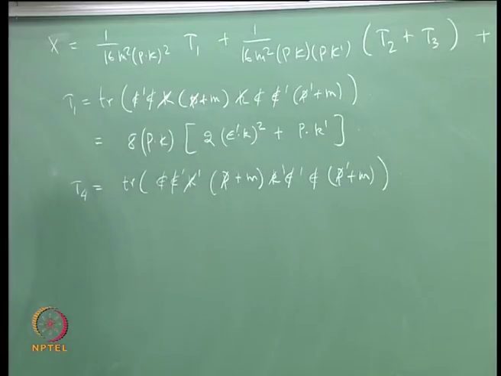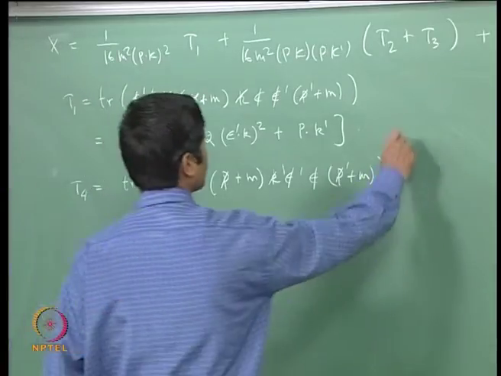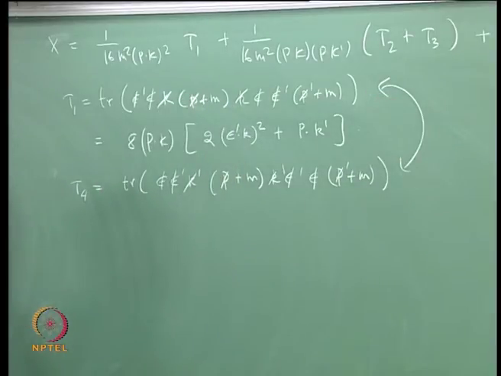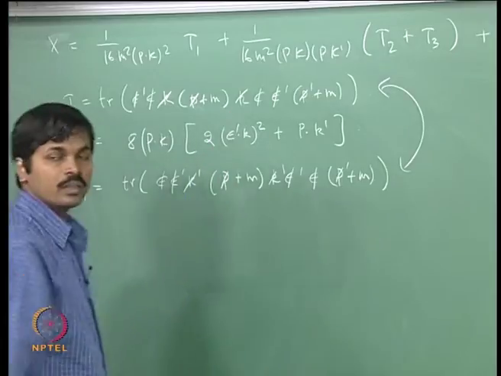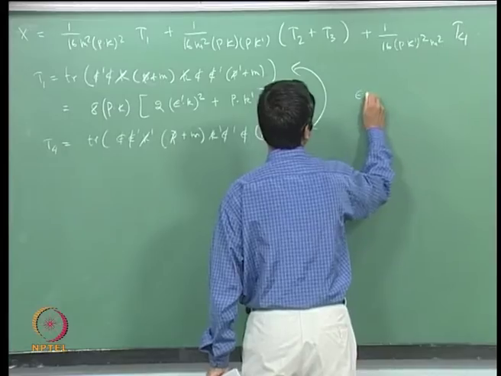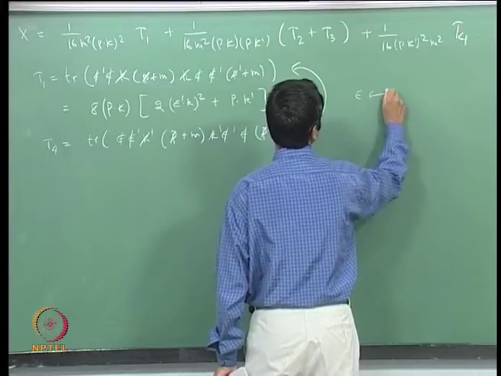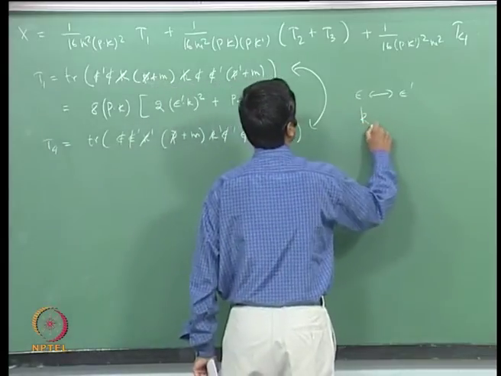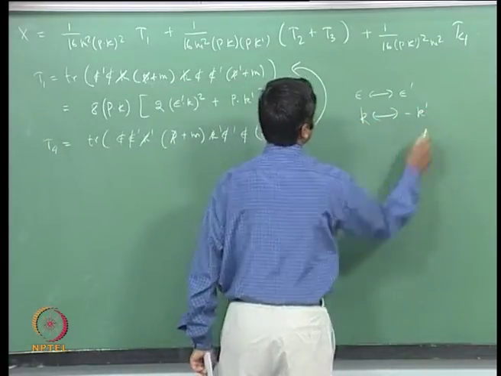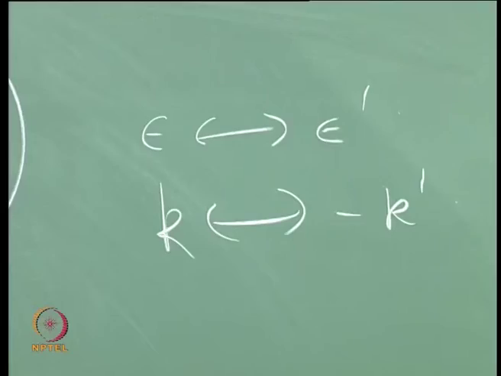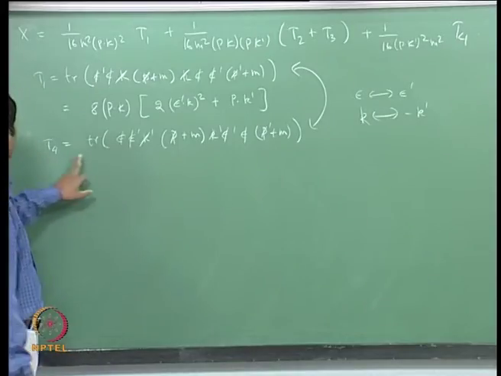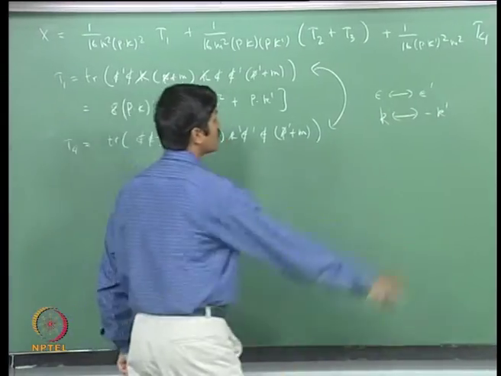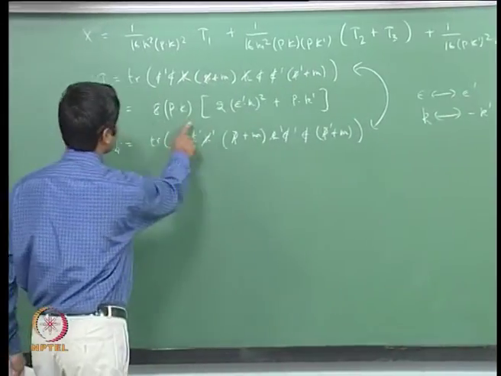Now, you can notice one interesting fact: T1 and T4 are related to each other. If you exchange ε to ε′ and if you exchange k to −k′, then this term and this term are the same. So, you do not need to evaluate T4 explicitly; all you have to do is make this substitution in T1.